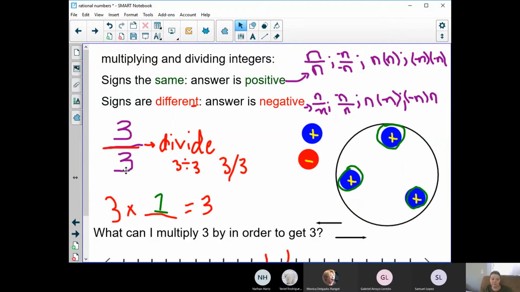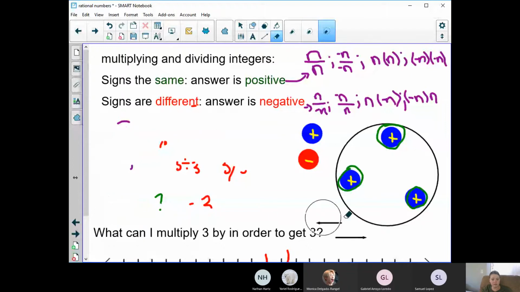There is 1. So there is further proof that 3 divided into 3 groups leaves me 1 in each group. Any questions about this? Okay. Let's look at a different problem then.